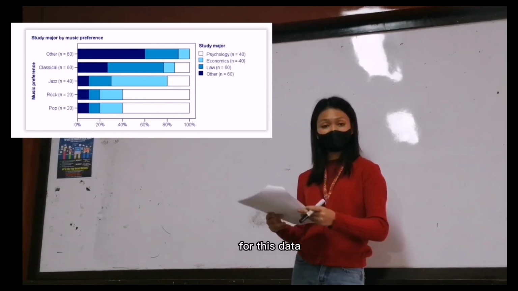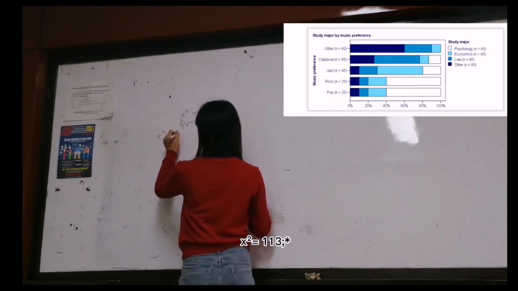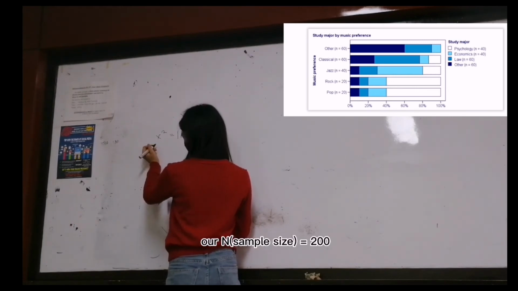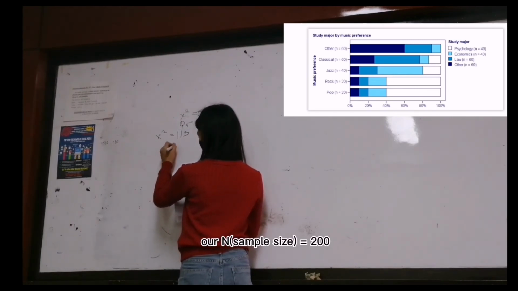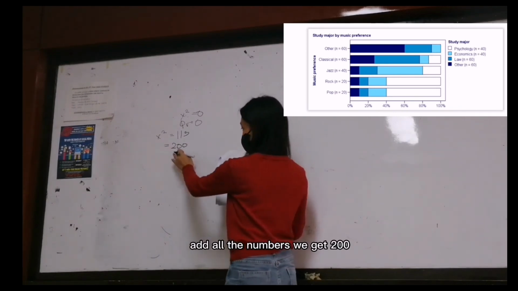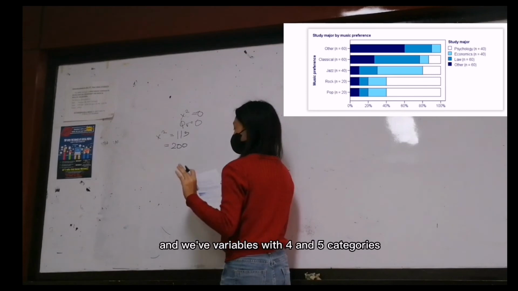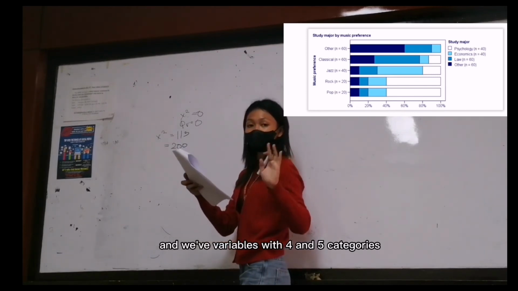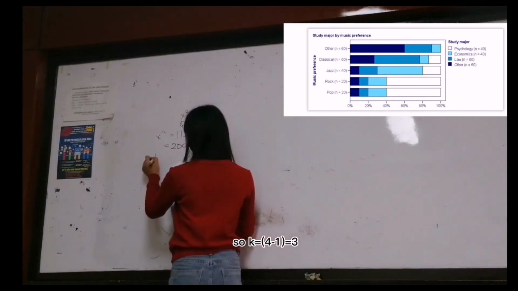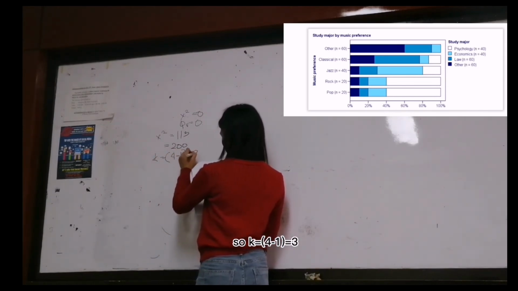For this data, chi-squared is equal to 130. Our sample size is 200. The variables have 4 and 5 categories, so the minimum of rows and columns minus 1 equals 3.